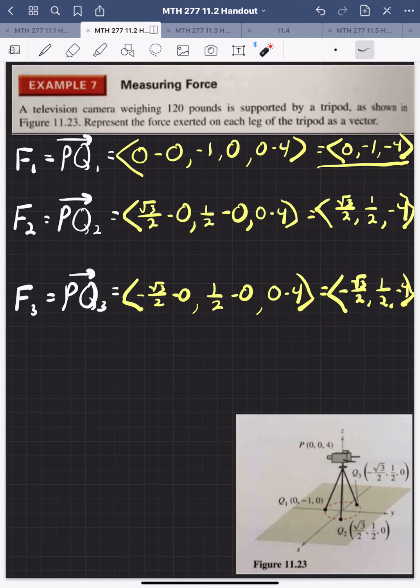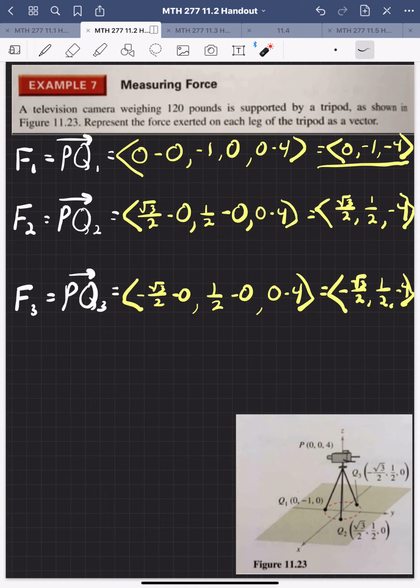But that's not really the question that was asked of us, right? We weren't just asked to build a vector for each tripod leg. The question is, can you represent the force that's being exerted on each leg of the tripod as a vector? Remember, vectors have the magnitude and they have the direction.